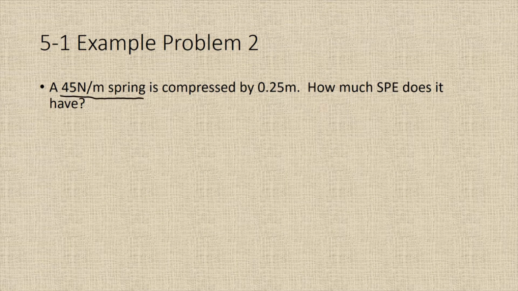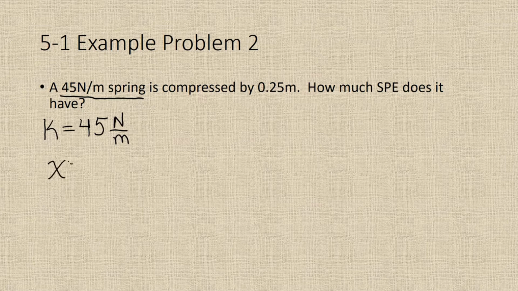Right here, 45 newtons per meter, that describes the spring constant, the value of K. That unit of newtons per meter is the spring constant unit, and it's compressed by 0.25 meters of distance.